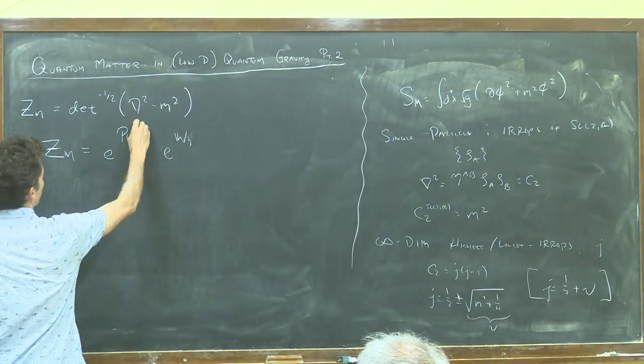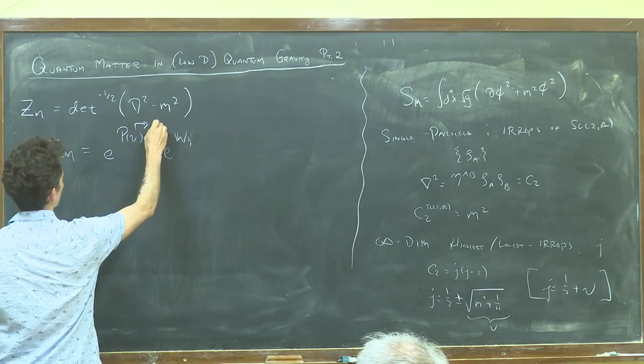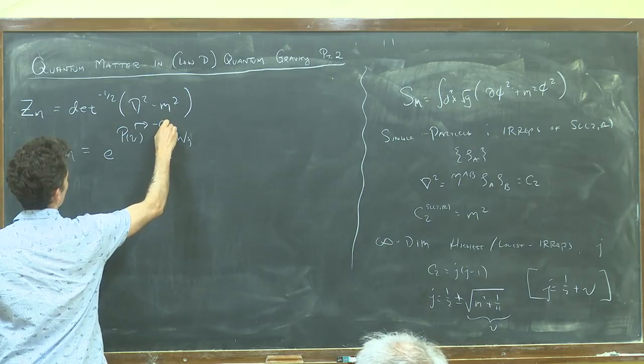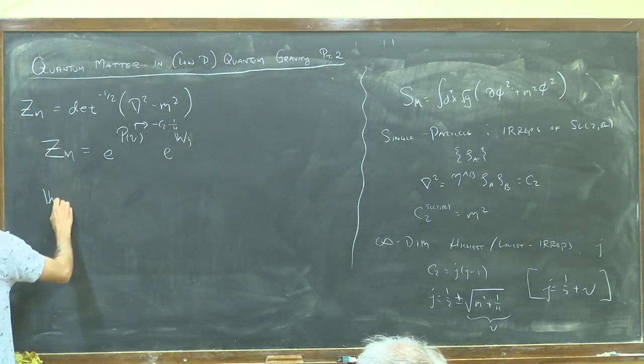And what we'll see is that there'll be a renormalization condition where I can state this completely in representation theoretic terms as negative C2 minus a quarter. And then this W is this so-called Wilson spool.